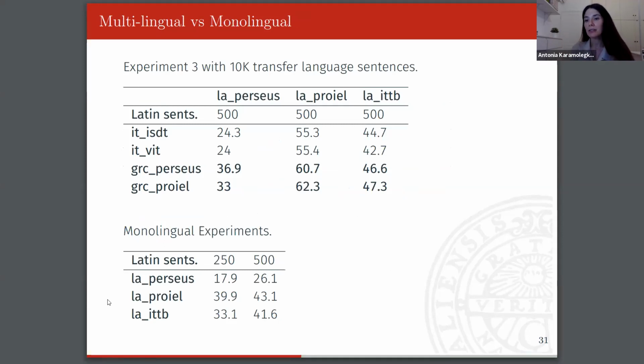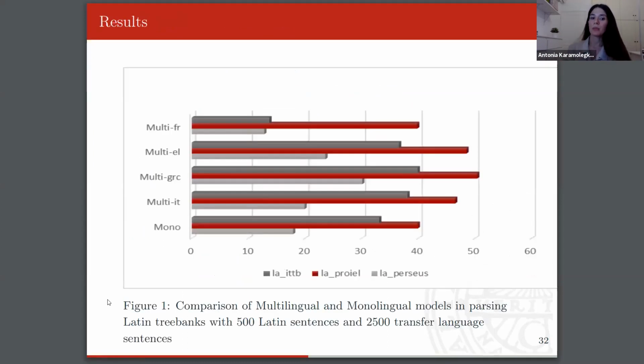And lastly, concerning the monolingual experiments, we can see that in all cases, the multilingual models outperform the monolingual experiments. But we shouldn't forget that we have a low resource scenario. And to better illustrate the difference between the multilingual and monolingual models, we created this chart with data from multilingual experiments containing all the transfer language treebanks with 2,500 sentences and the target language treebanks with 500 sentences.